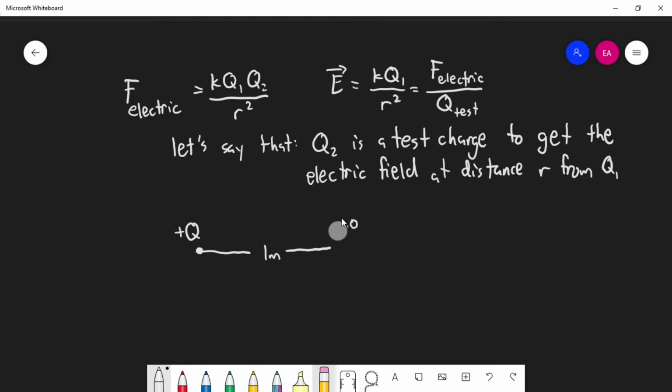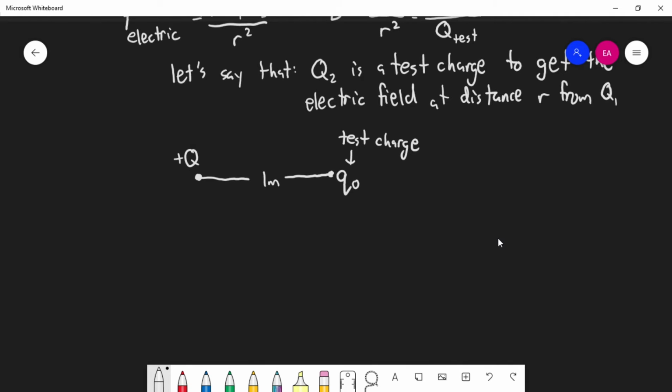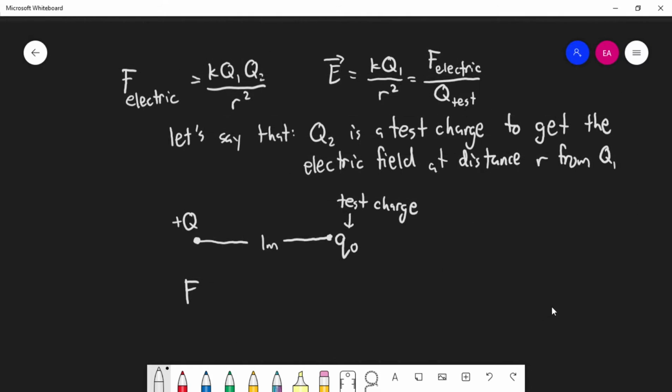This is Q null, and this is a test charge. What is the electric field passing through the point of the test charge? We can do either KQ1 over R squared or F electric over Q test. I'll do both methods first.